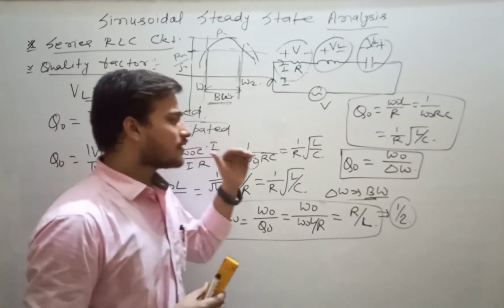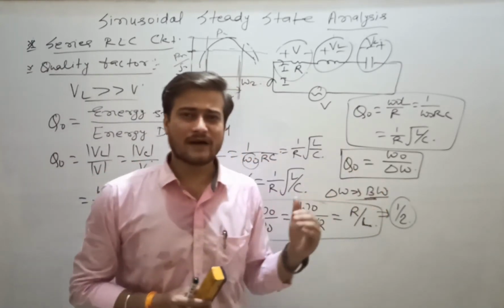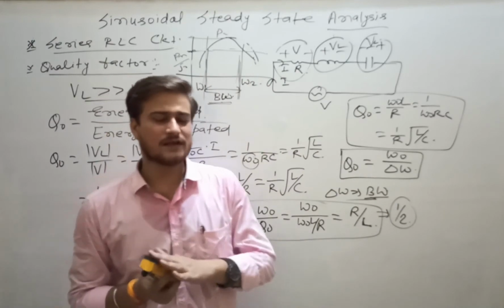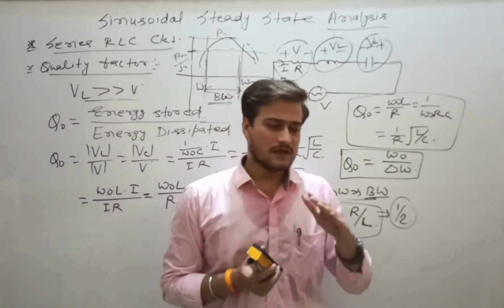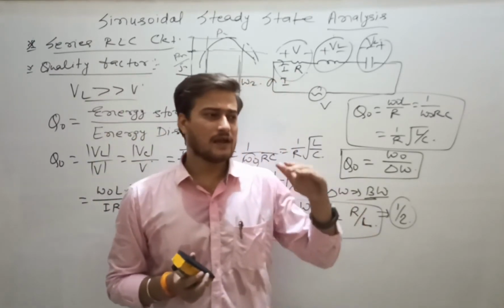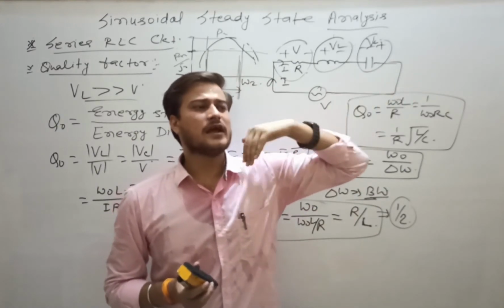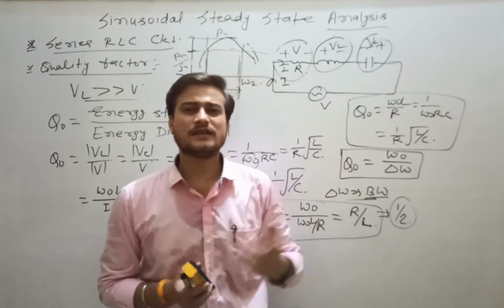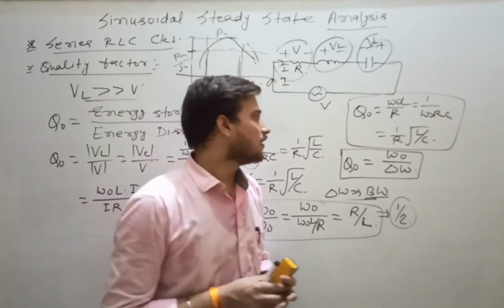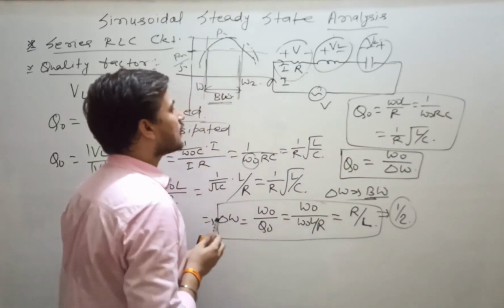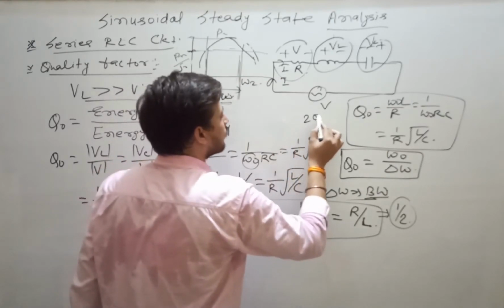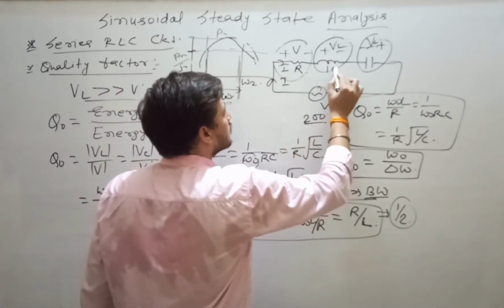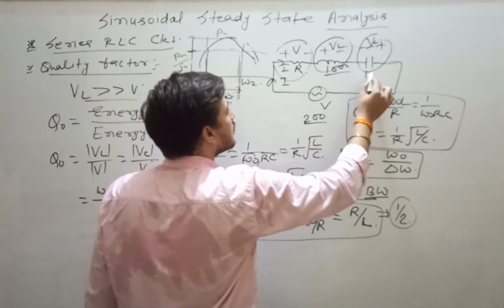One more thing. What do you mean by amplifier? Amplifier means if you are giving some input signal, and this signal is amplified, that means the power of this signal is increased. Here you see you are applying 200 volt and you are getting 1000 volt.